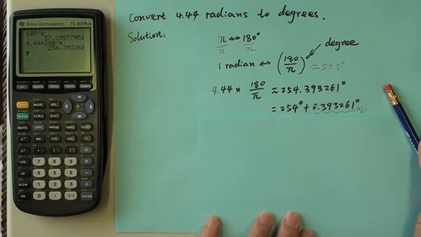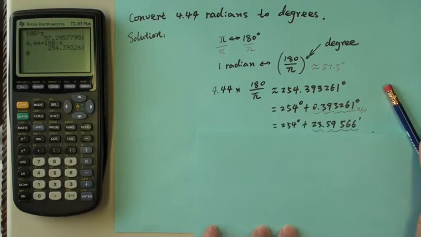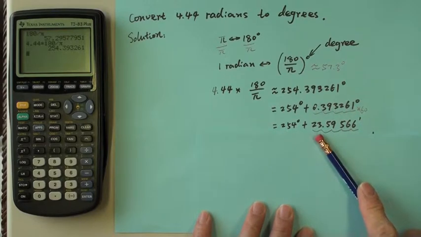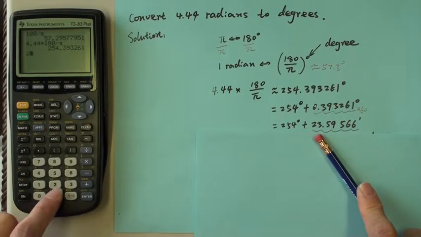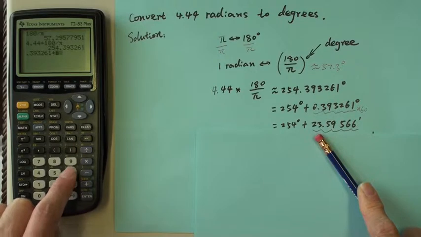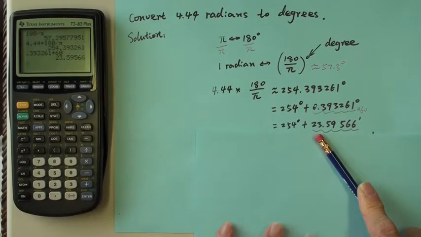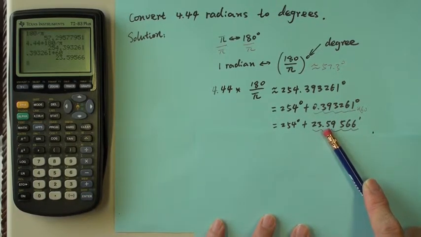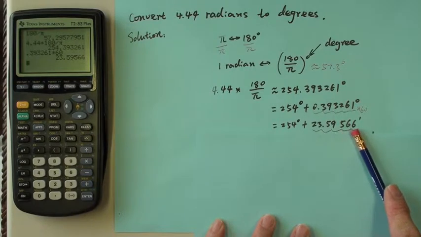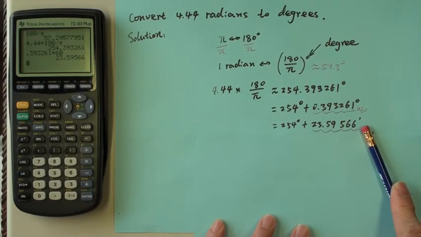Okay. So what do we get? 0.393261 times 60. You have 23.59566 minutes.